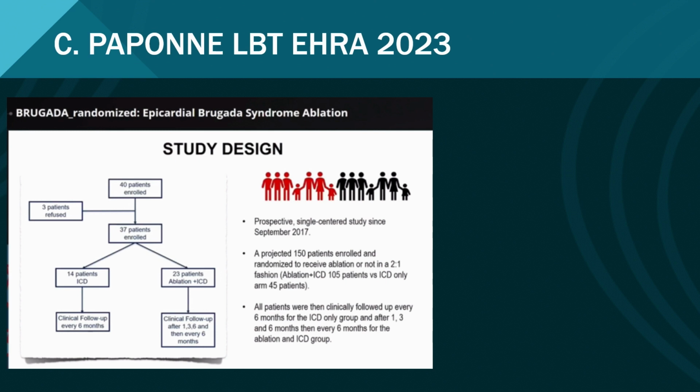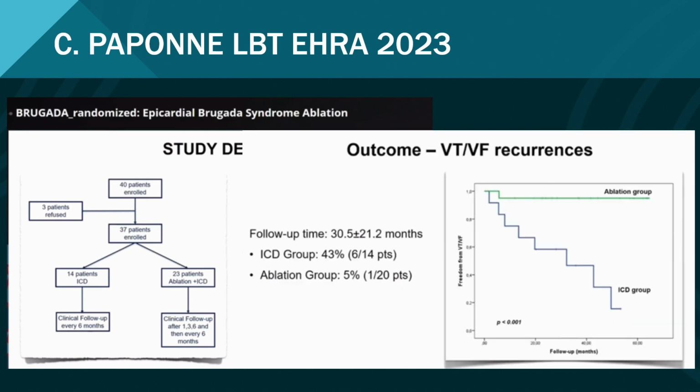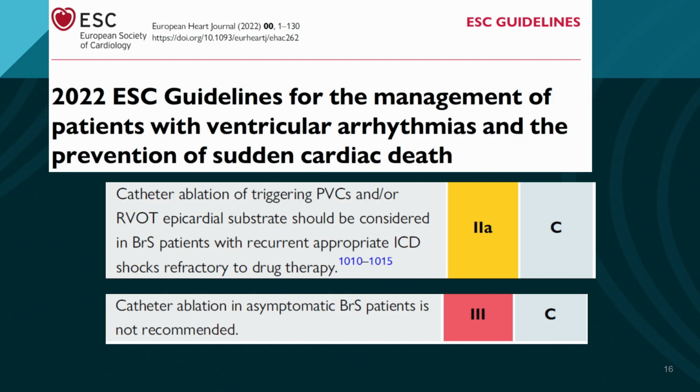Enrollment is slower than expected, I suspect, but it's an interesting study and already a very significant difference in terms of events, so VT-VF in the ablation group versus the ICD group, where these events are happening but are dealt with by the ICD.